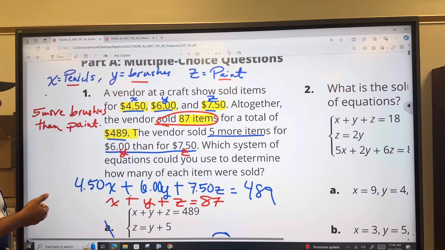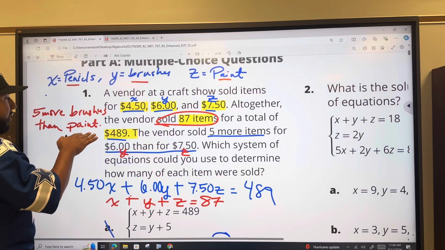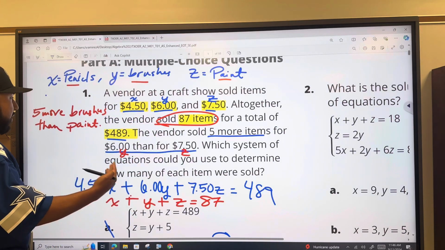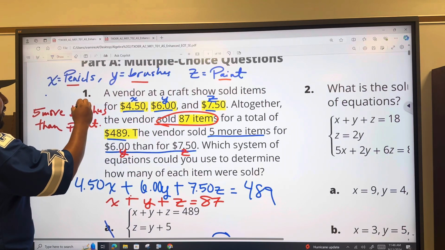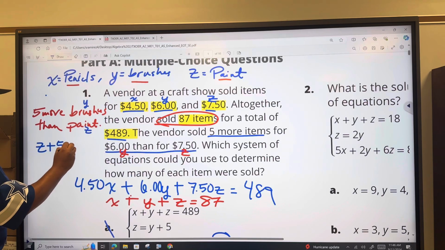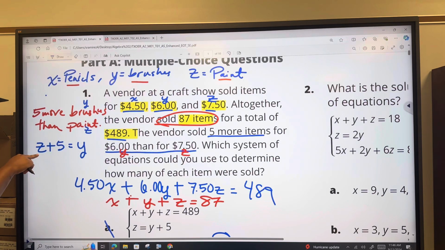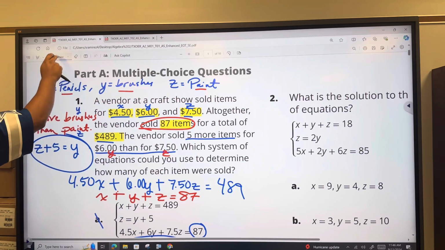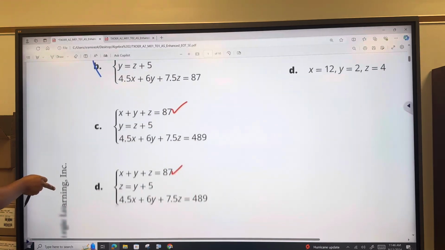How can I write this in a format that makes sense to me? Because I know no matter what, I'm gonna have paint and I'm always gonna be adding 5 because the brushes is 5 more than the paint. So there we go, that made sense to me. If I write Y and Z, and I know it's Z plus 5 equals my Y, then I know for paint, there will always be 5 more to give in my brushes. And there's my equation. Sounded very confusing, I understand. I apologize for that.